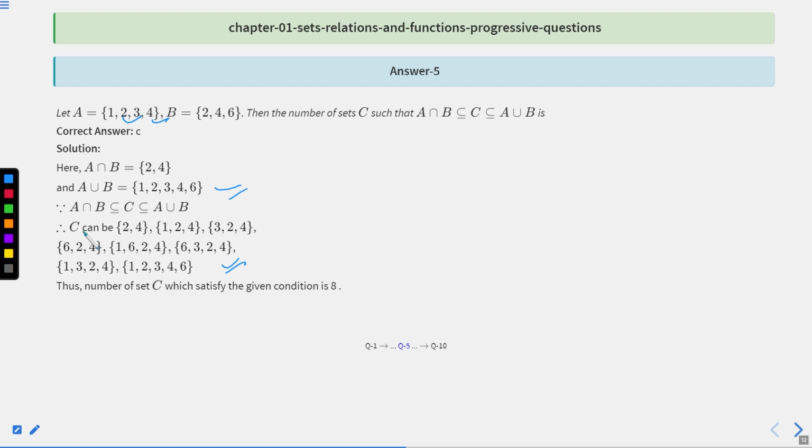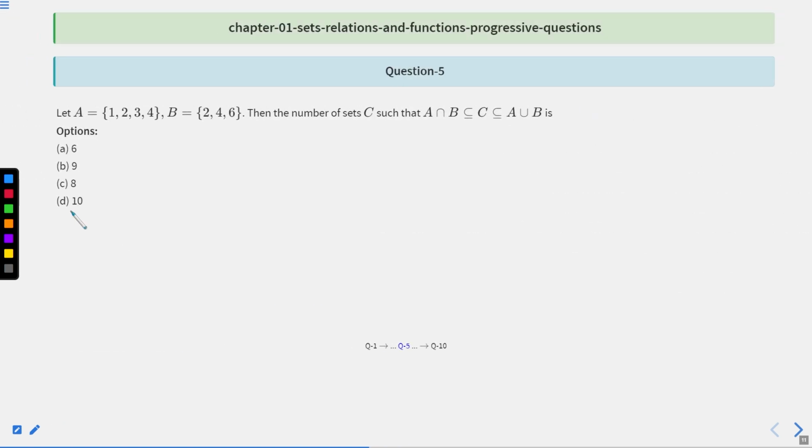You can see that 2, 4 will be present in all of them because A ∩ B is a subset of C, and C is a subset of A ∪ B. So these are the conditions for C. There are 8 possibilities, so the answer should be C. The correct option is option C.